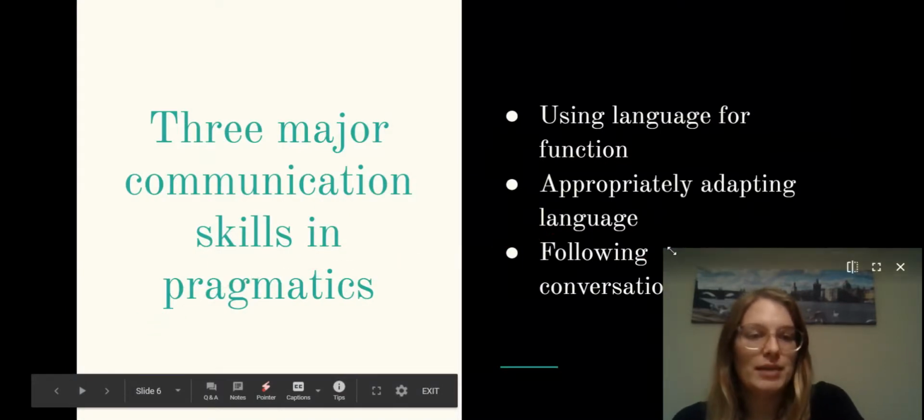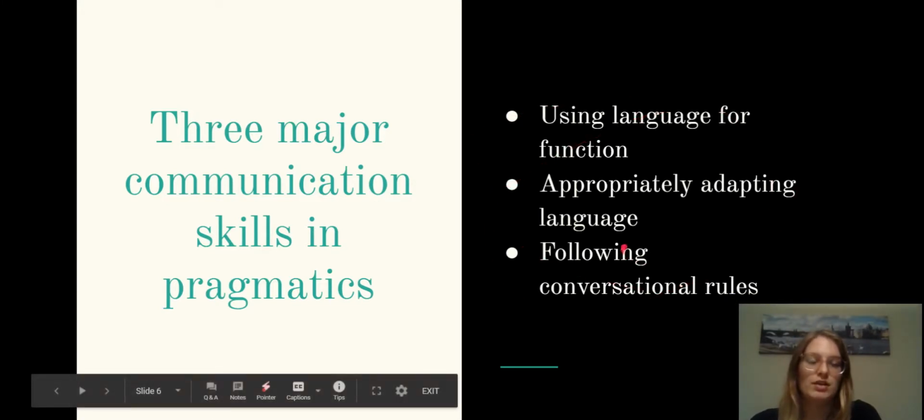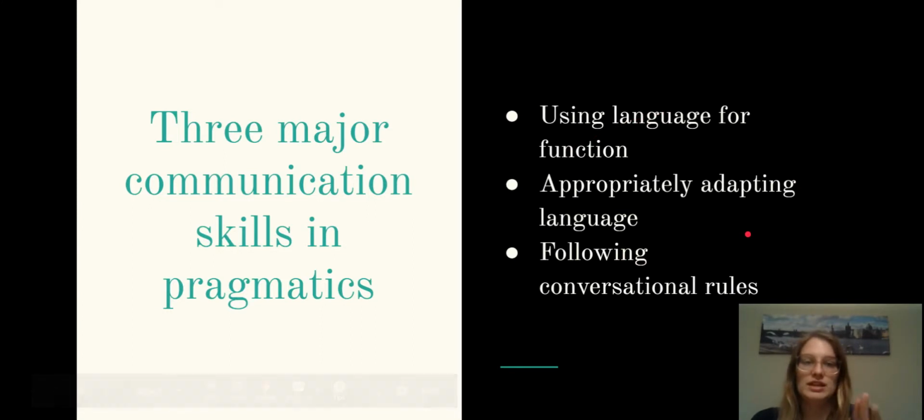So in pragmatics, there are three major communication skills according to our cross-cultural handbook, Diaz textbook. You can use language for functions. For different functions, what are you using it for? What are you using language to do? What's your goal? Your communication skill could be appropriately adapting or changing language based on the situation.